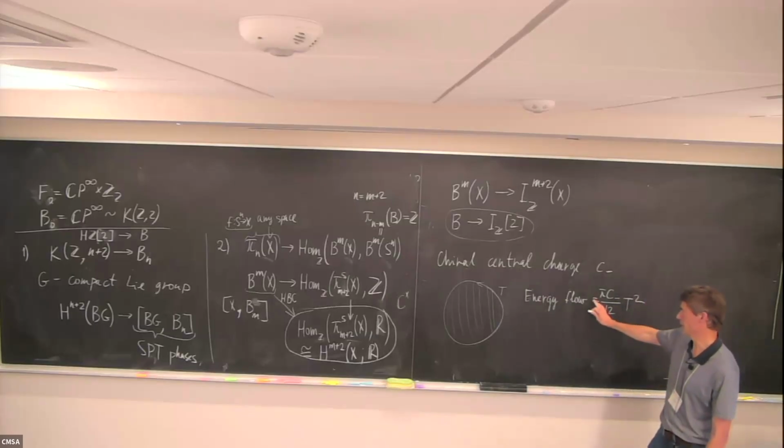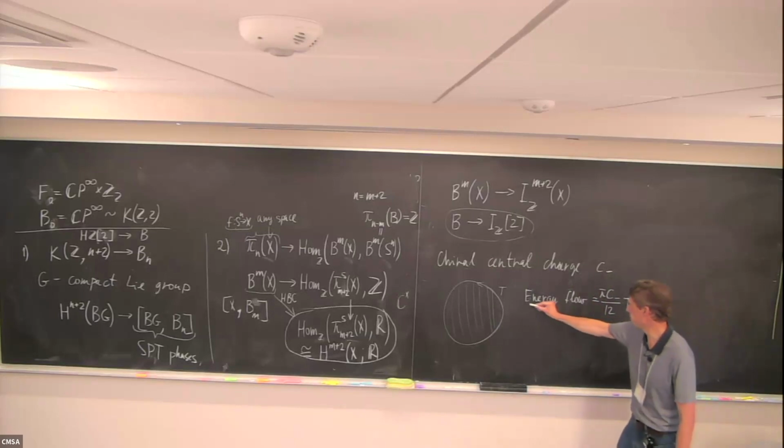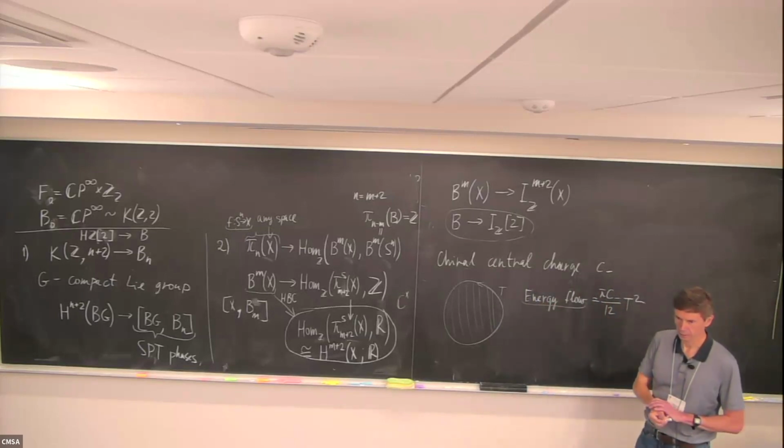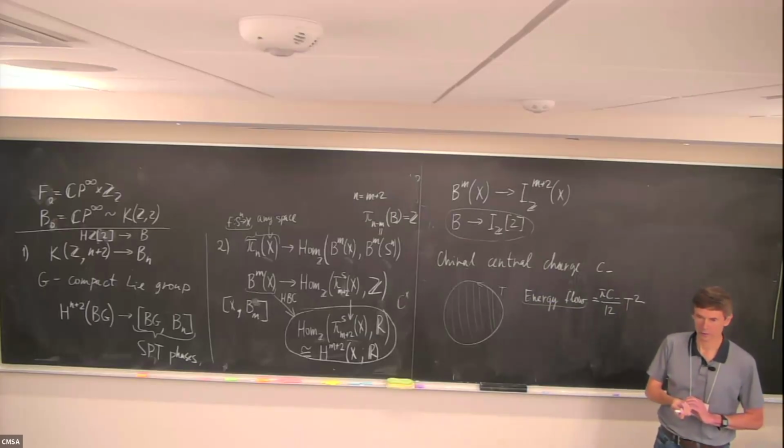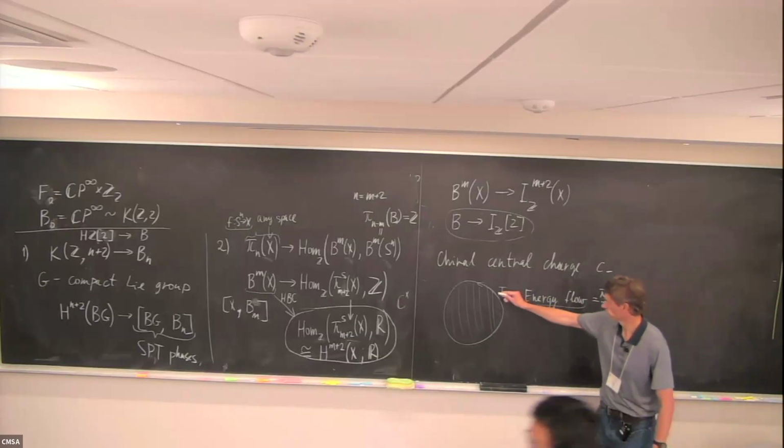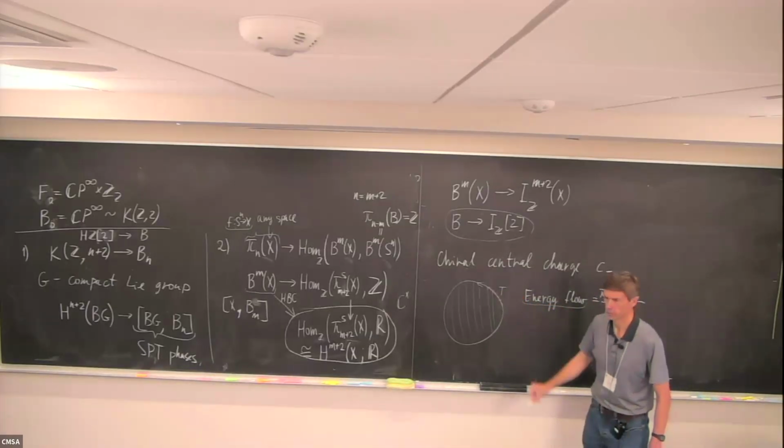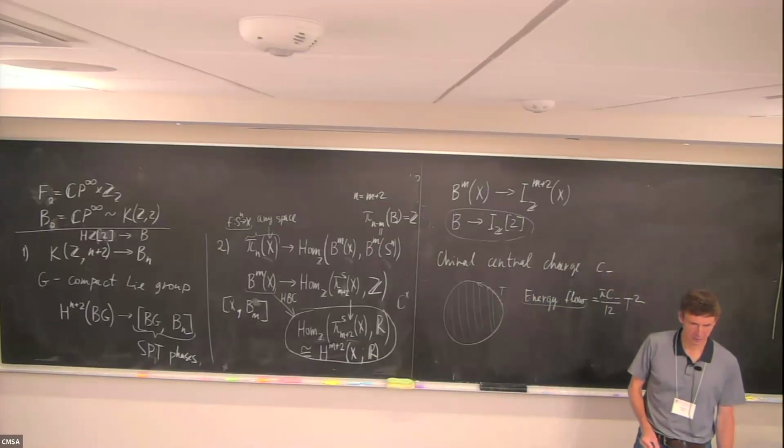Energy flow is well defined for phases that we know, in particular for p plus ip and the E8 theory. It might not be defined in general because there is a problem. We need local correlation along the boundary, and it's conceivable that such correlations just don't exist. We don't have a complete proof yet. Everybody thinks that they exist.